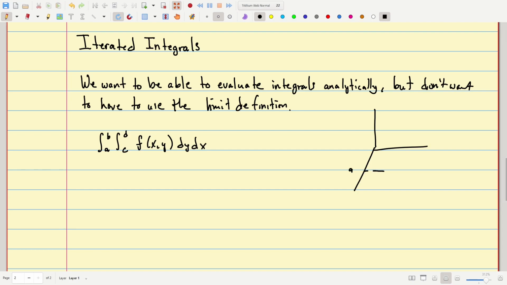There's some rectangle down here in the XY plane. And then up here on the Z axis, we have some surface. And what we want to do is find the volume under here. So we're out to find this volume. Make sense?